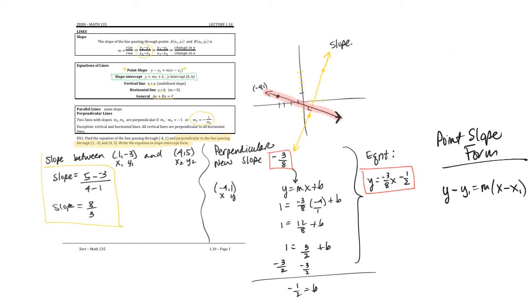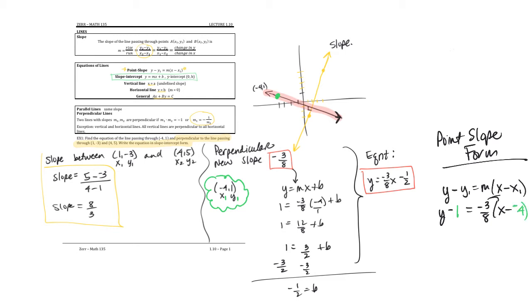Here's my point, -4, 1. So -4 is x1, and 1 is y1. So we go y minus 1 is equal to our slope, -3/8, times x minus, and then x1 is -4.